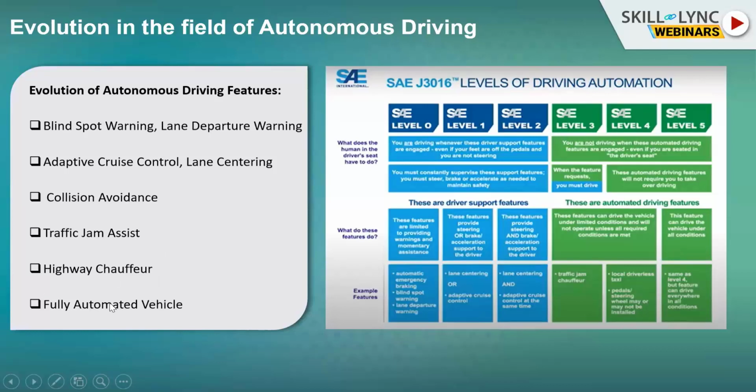The fully automated vehicle has all the previous features, and the highway chauffeur has all the previous features. As it evolved from blind spot warning to the fully automated vehicle, it kept enhancing the features and advancing the automation inside the vehicle body. That's how autonomous driving features evolved.